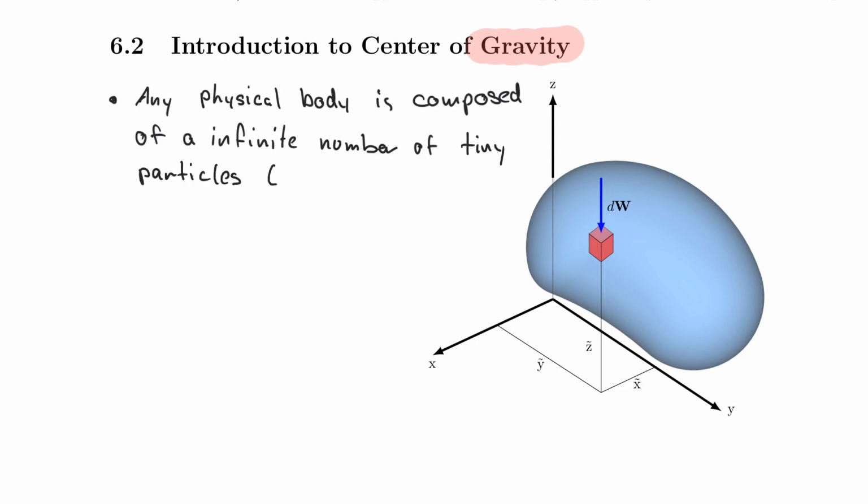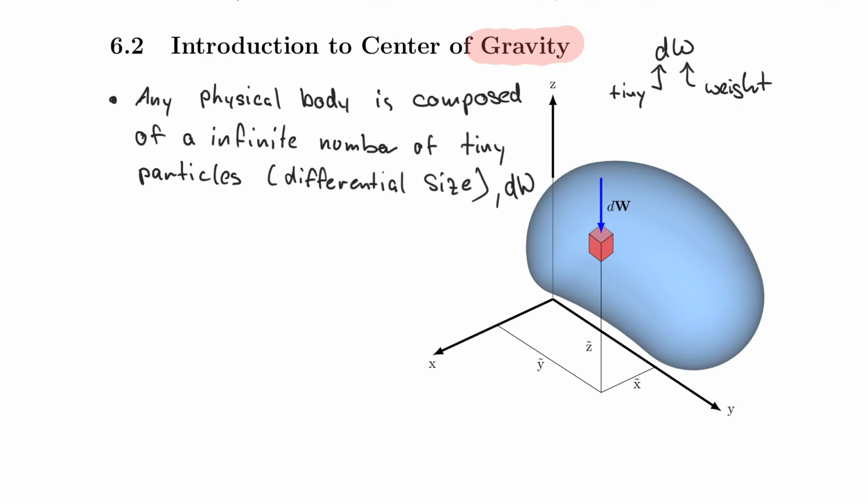And those tiny particles, in mathematical sense, are of differential size. So differential size again stands for dW. dW stands for tiny, and W stands for weight in this case, because we're talking about the center of gravity. So that's our first observation.